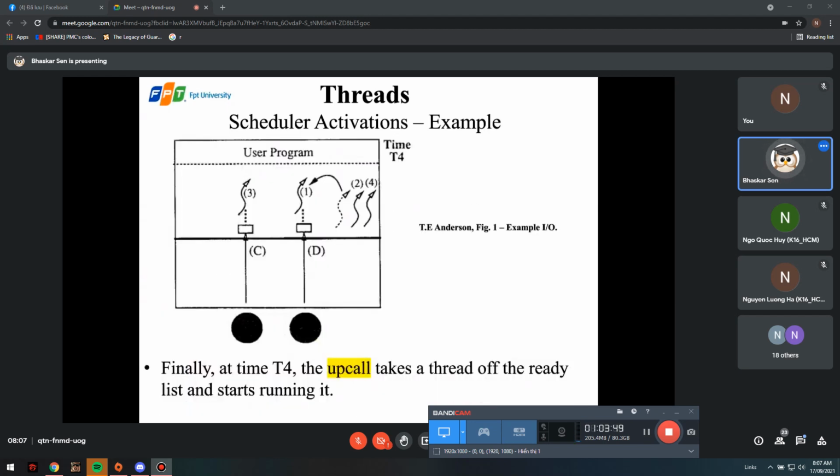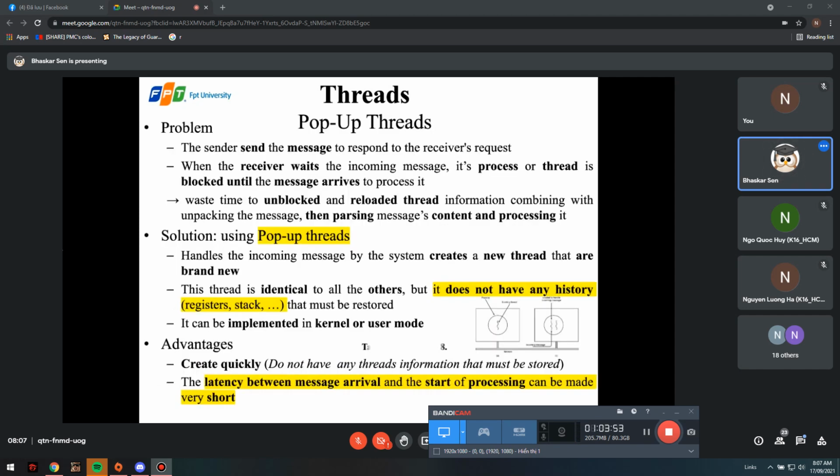Now these are some of the steps that they have shown. Pop-up threads. What are these pop-up threads? They do ask questions on pop-up threads. Pop-up threads are threads without any history, and in fact without a stack or without anything inside them. So their sole job is to communicate.